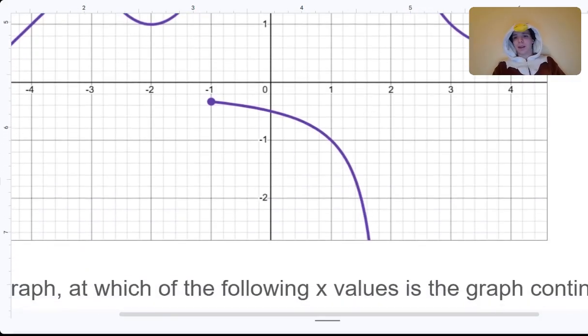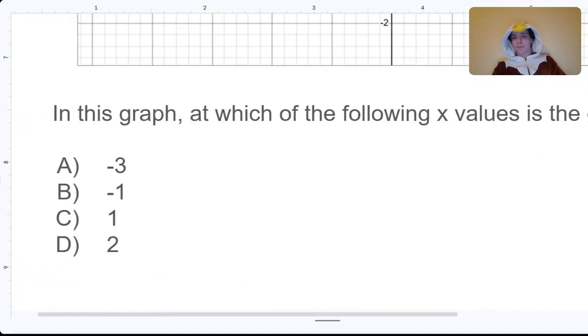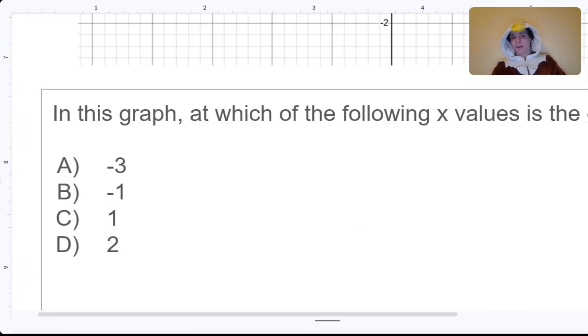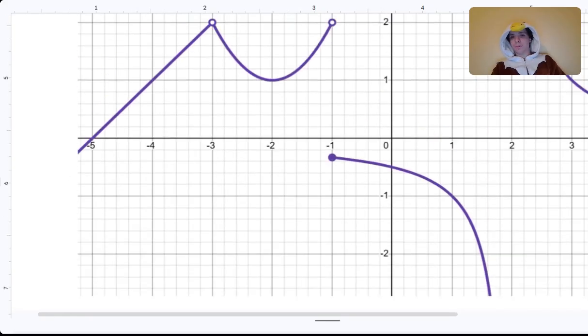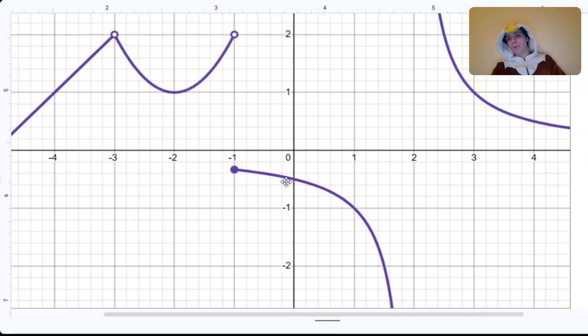So that's definitely not continuous. And that leaves us with C, which is x equals 1. Now, at x equals 1, the limit from the left equals the limit from the right. It's all nice and smooth and continuous. So that's our answer. It's 1.